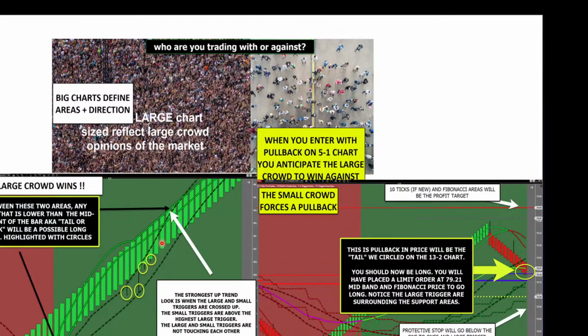The cool thing is that we know through a little bit of study, well actually almost 30 years of study, that the small crowd typically fails 70 to 80% of the time. The small crowd's failure point can be pinpointed with rule number 3 on a smaller, faster chart. And if they're losing 70 to 80% of the time, well, you have the potential to win up to 70 to 80% of the time. So remember who you're trading with, guys.